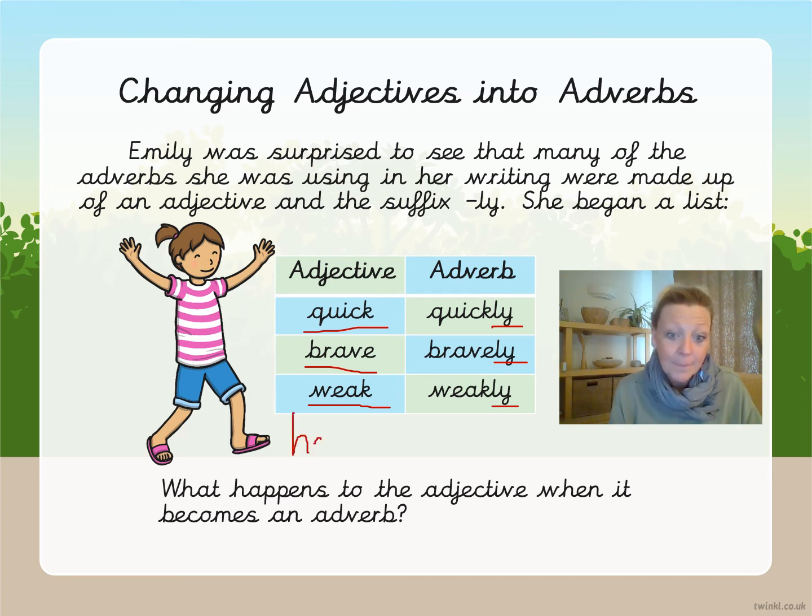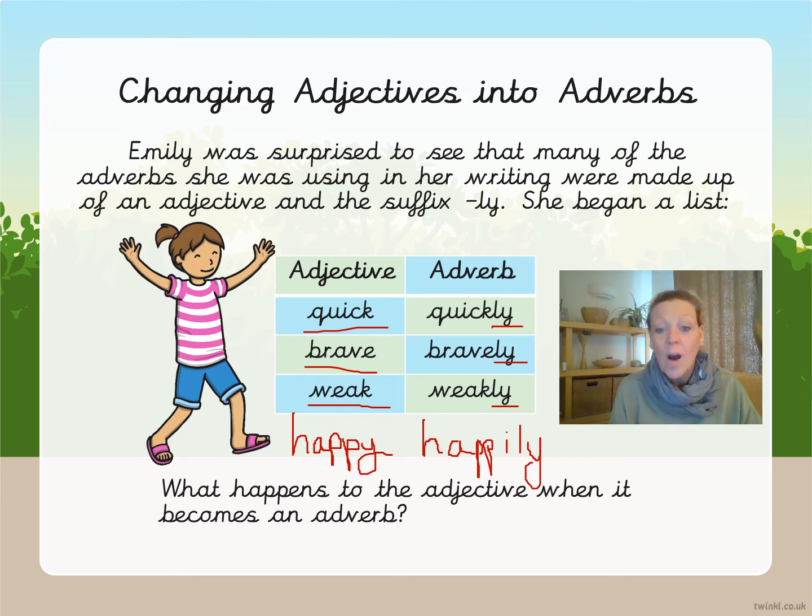Happy ends in a y and it's an adjective, but to make it into an adverb, we need to add ly. But before we do that, we change H-A-P-P. We change the y to an i and add ly, and then it becomes happily.